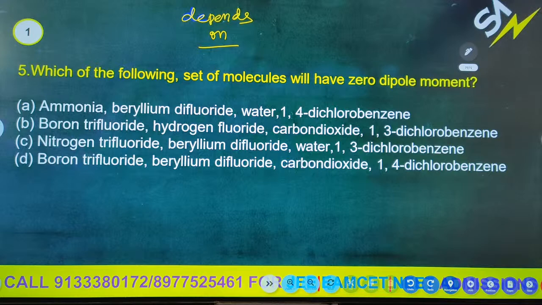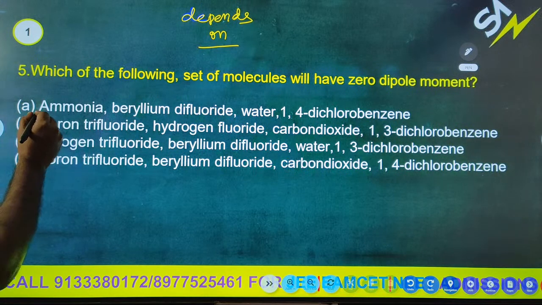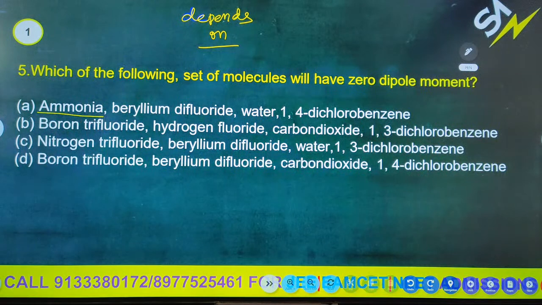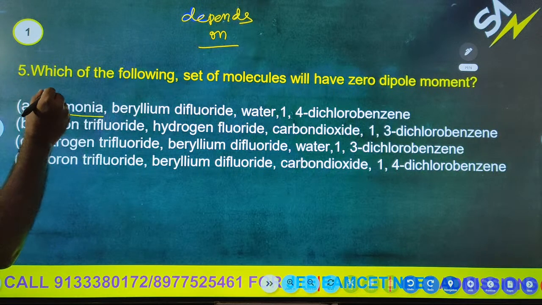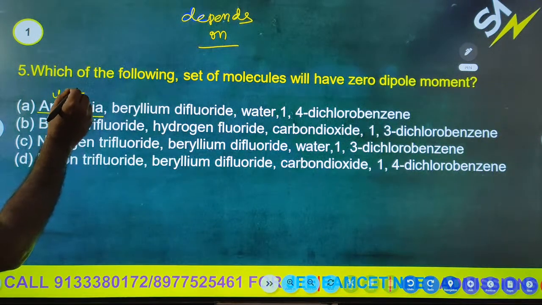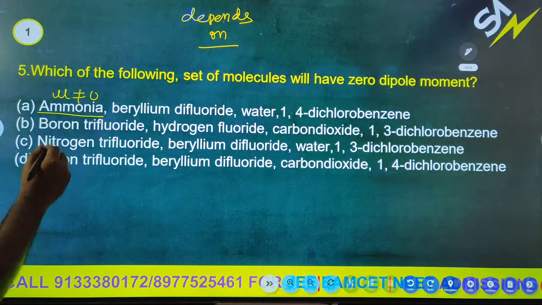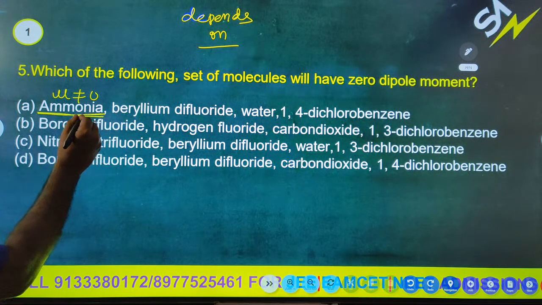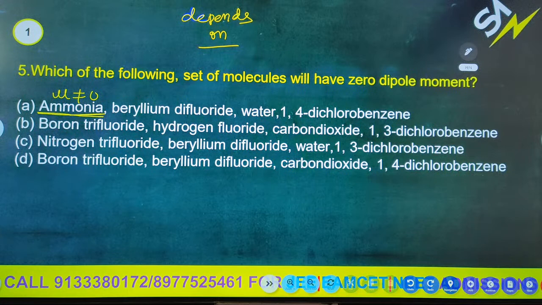Now they give the options. First one, ammonia. Ammonia has a dipole moment. So is its dipole moment mu equal to 0? No, not equal to 0. Why? Because in ammonia, nitrogen is the central atom and has excess electrons.